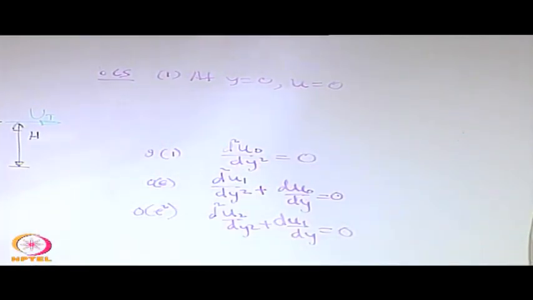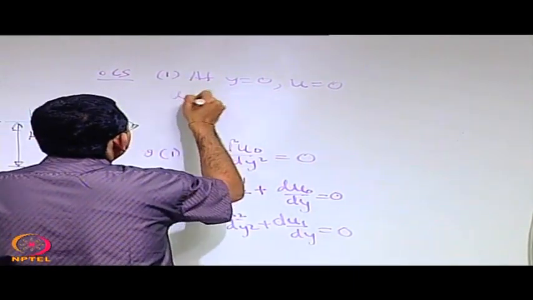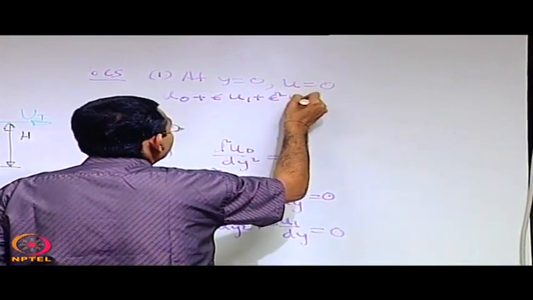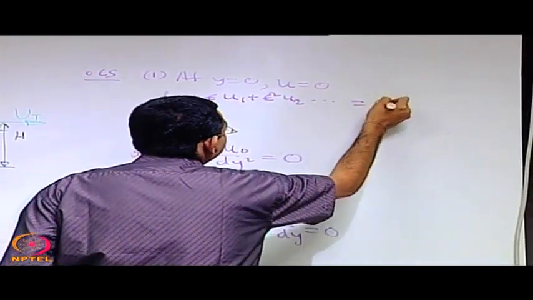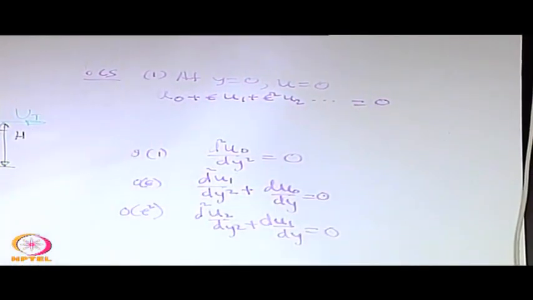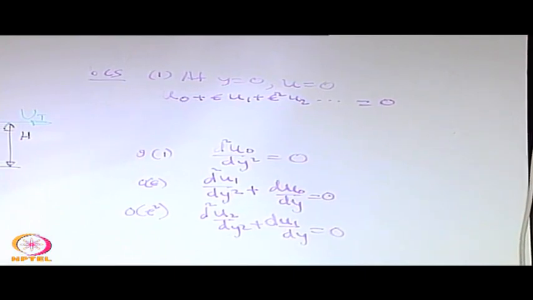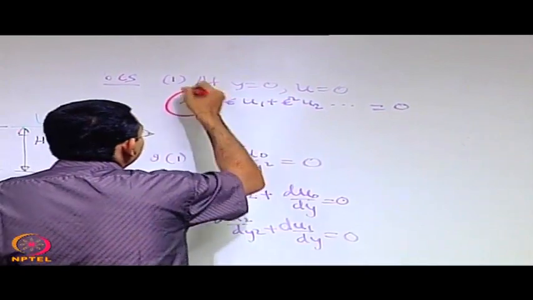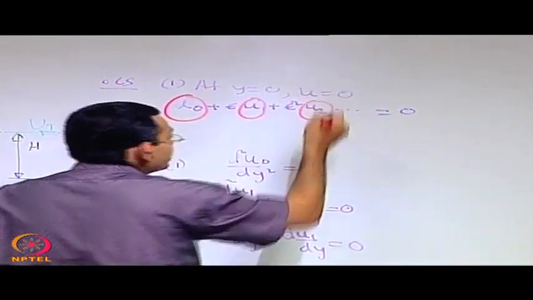That means u0 plus epsilon u1 plus epsilon square u2 and so on, this is equal to 0. So at y equal to 0 you must have individually u0 equal to 0, u1 equal to 0, u2 equal to 0, like that.